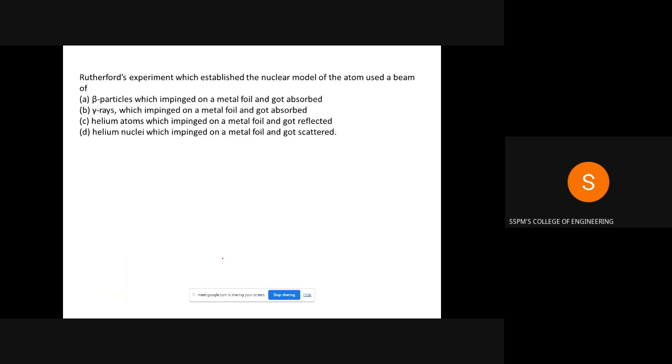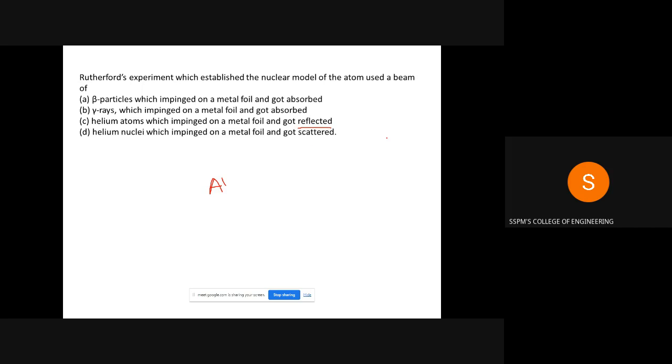Then the Rutherford experiment, which established the nuclear model of the atom, used a beam of alpha particles. In this Rutherford experiment, alpha particles, which are helium nuclei, are bombarded on a metal foil, that is aluminium foil, and the beam is reflected.